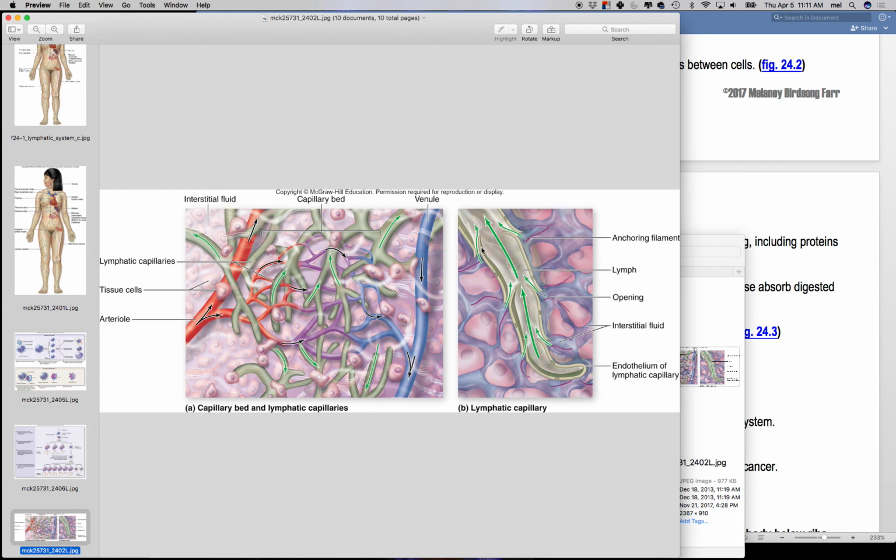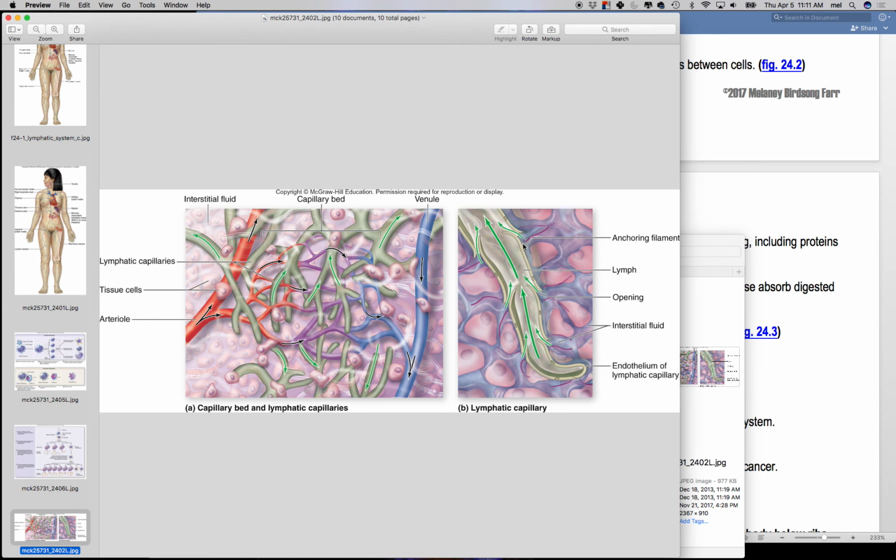They're blind end and they have one-way valves, and these one-way valves suck up everything. They suck up fluid like they're supposed to, right? But they also suck up pathogens, right? They suck up cancer cells. That's how cancer metastasizes, because these lymphatic capillaries are just sort of designed so that they pick up anything and dump it into the lymphatic system.